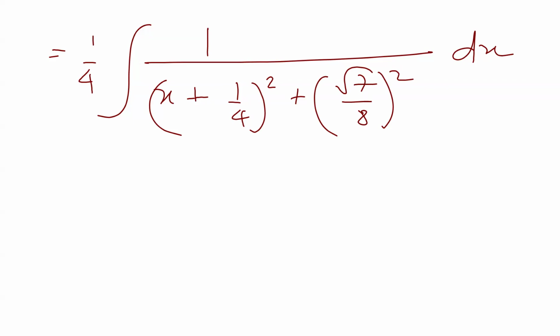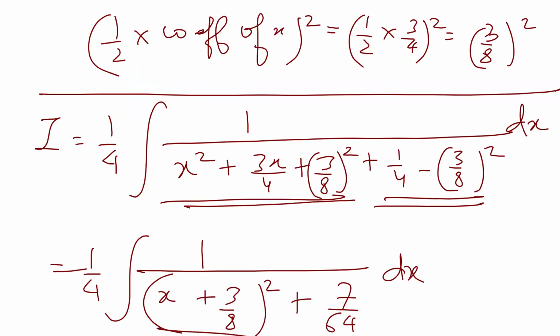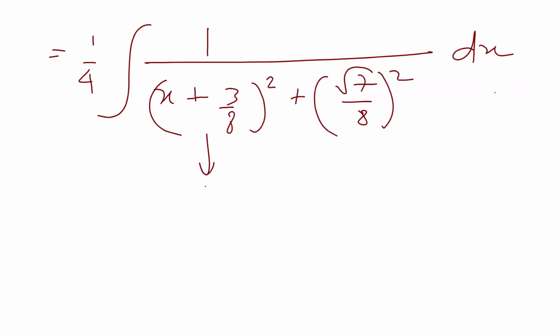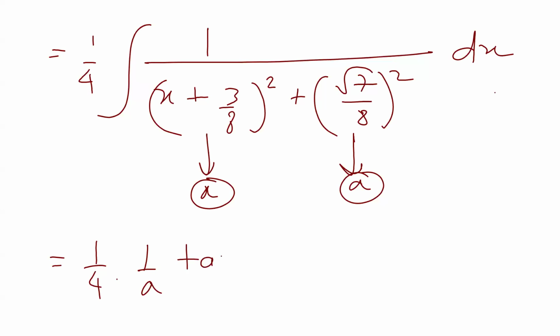Sorry, it should be x plus 3 by 8 the whole square plus root 7 by 8 the whole square. Now this is x and this is a. So 1 upon 4 into 1 upon x square plus a square formula.